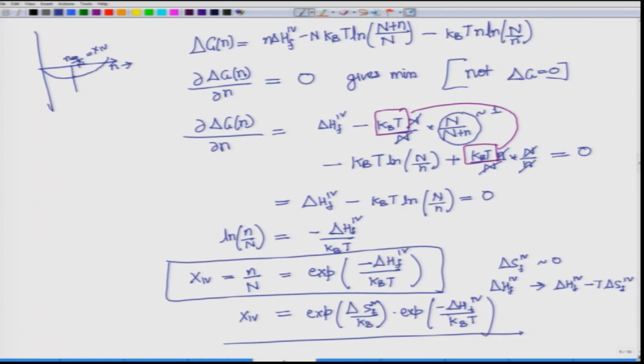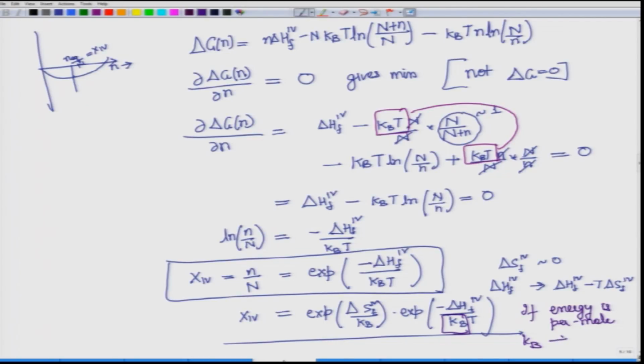Another thing that you should note here is that we are using kB. Let us say I were using delta HF, the energy, per mole instead of per atom. If the energy is on a per mole basis, then what happens to kB?